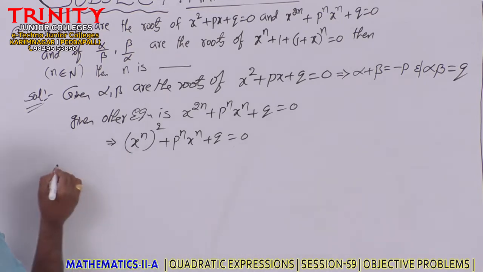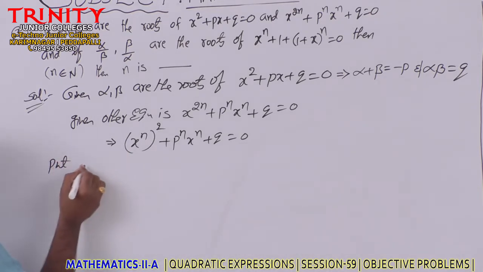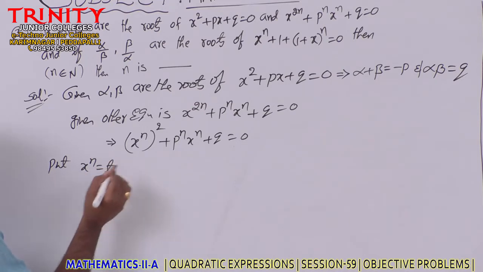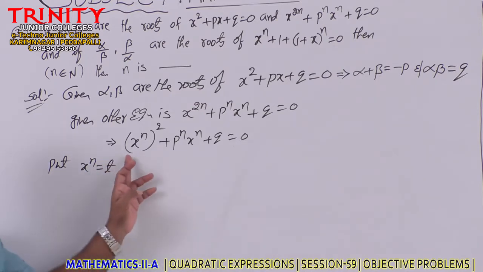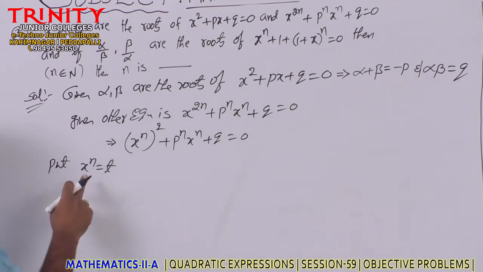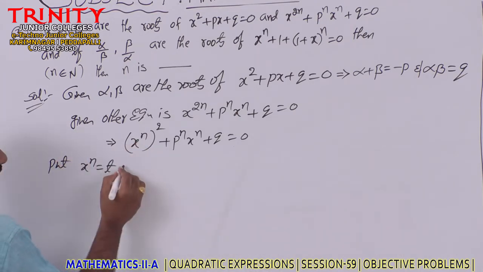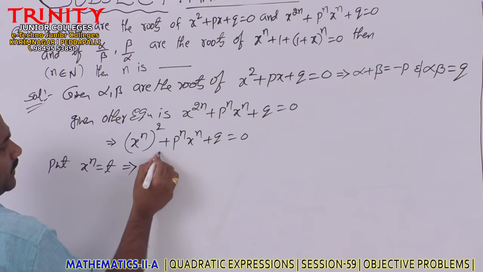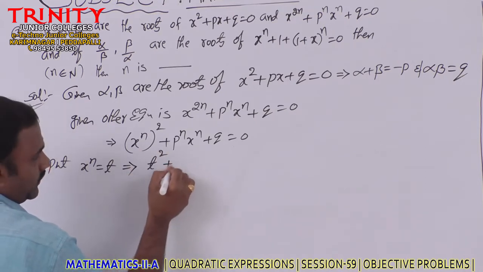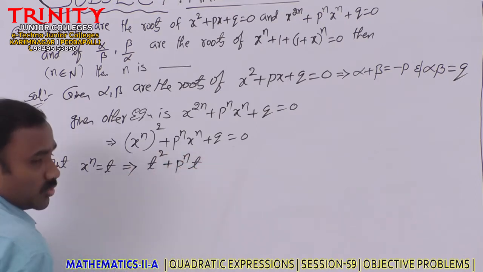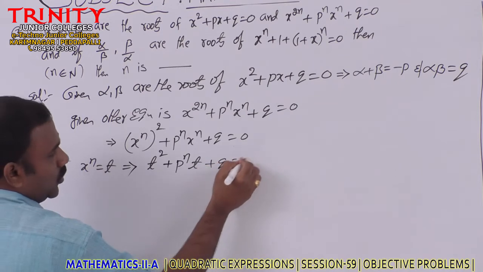Now, put x^n = t. I want to transform this into a quadratic form again, that's why I am taking x^n = t. Then this becomes t^2 + p^n t + q = 0.